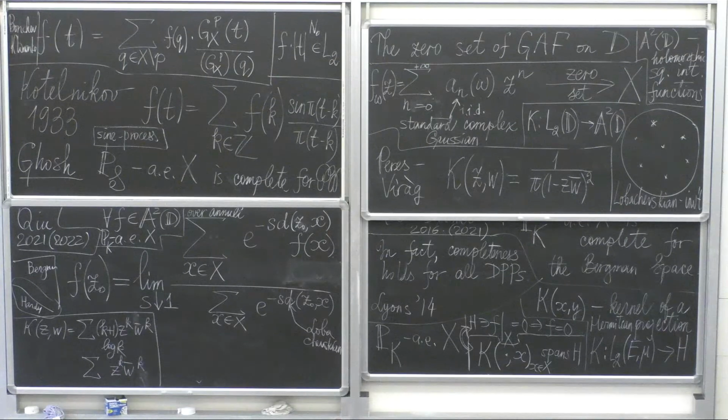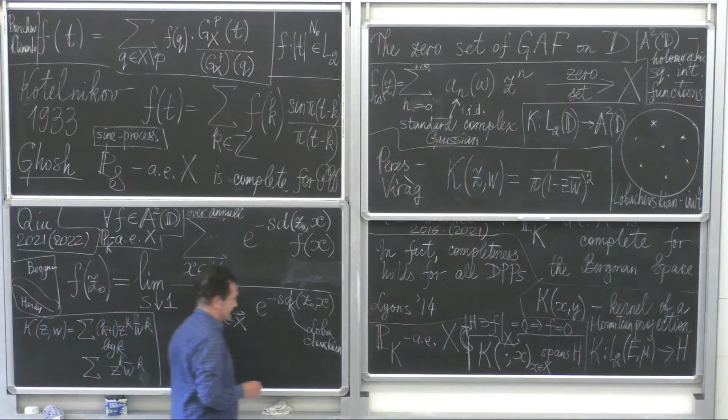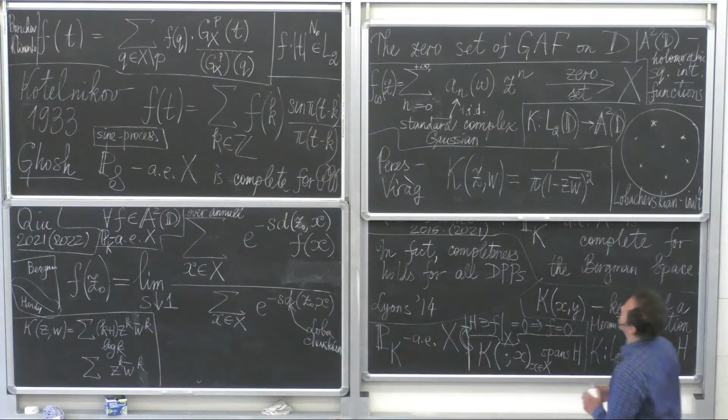Okay? So this much for the formulation of results, and if there are no questions at this point, maybe I would like to say a few words about the proof of the result for the sine process.